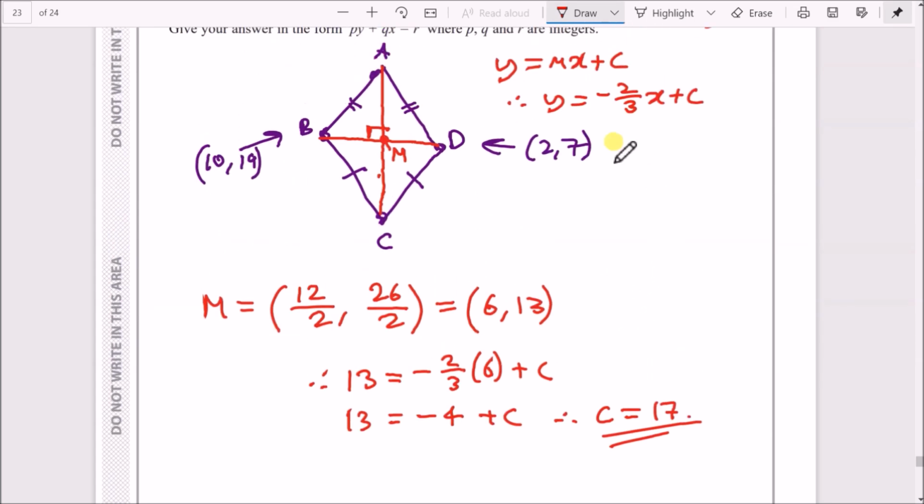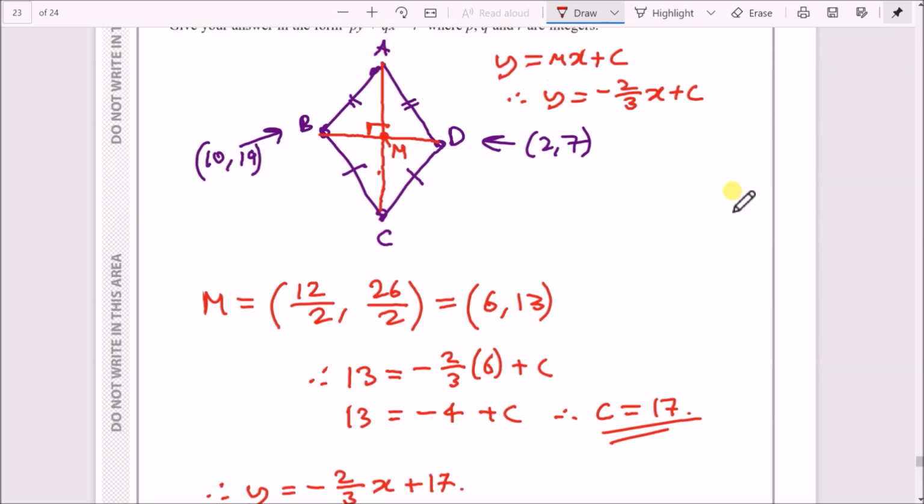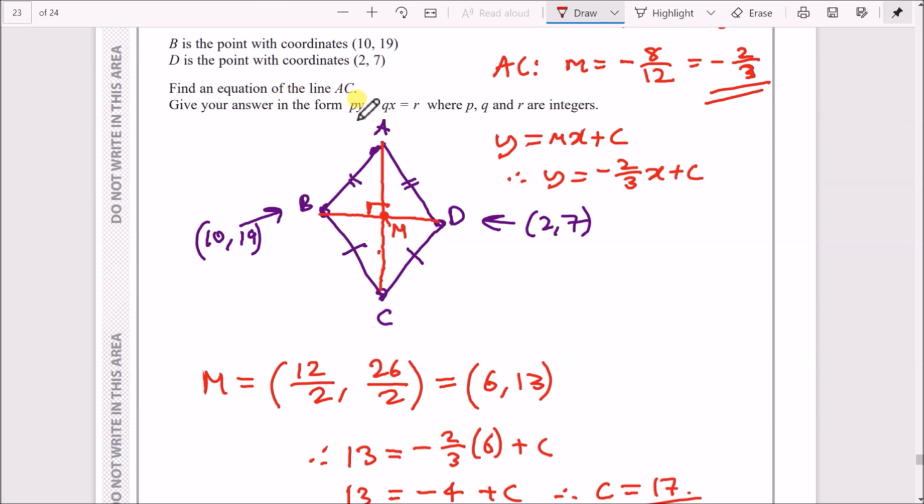So now we know what c is, so we can update our equation once more. So it's now going to look like this. We now got, therefore, y equals minus 2 over 3x plus 17. Now going back, the question tells us to give your answer in the form py plus qx equals r, where p, q, and r are integers.